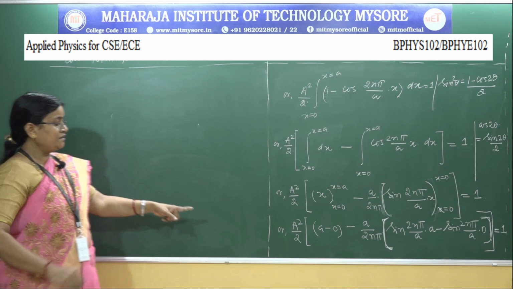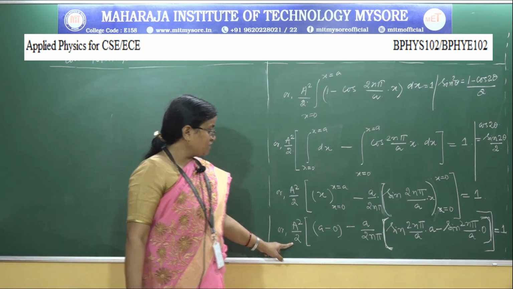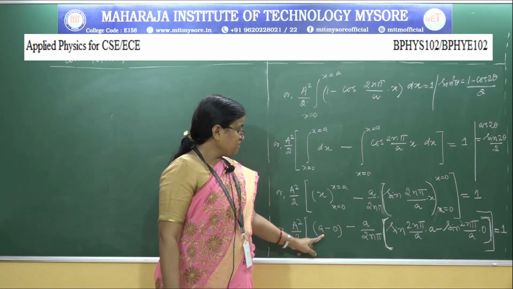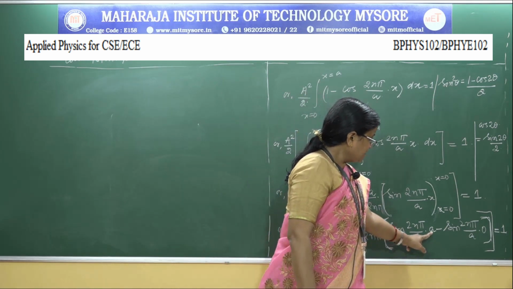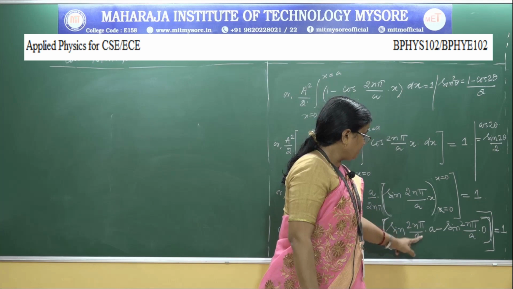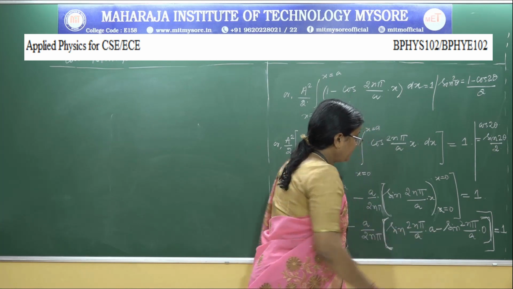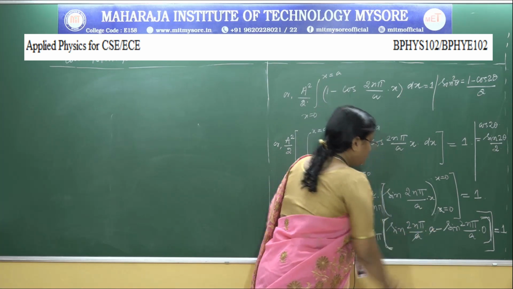Now further solving the equation a square by 2, what it is, a minus 0 is a by 2 n pi. If you take this value sin of 2 n pi by a into a, this a cancels out.